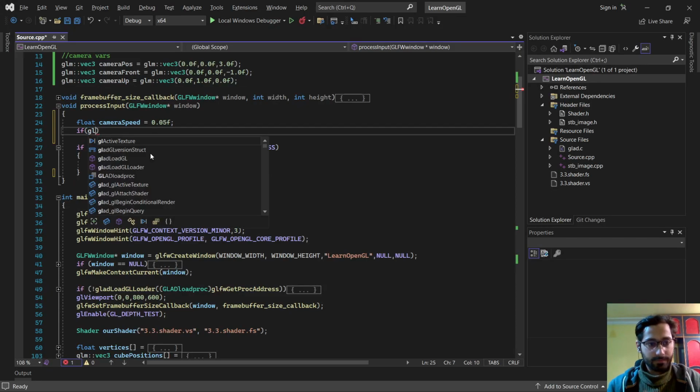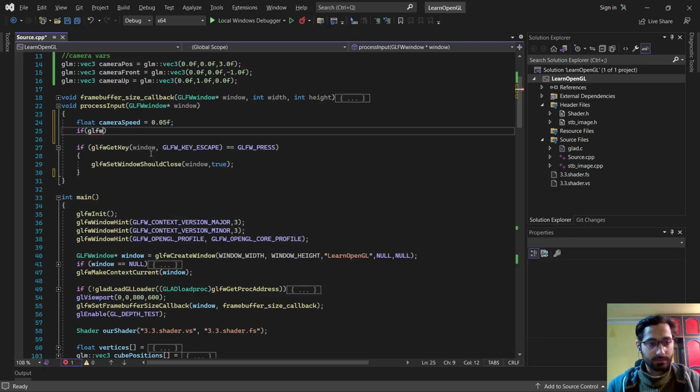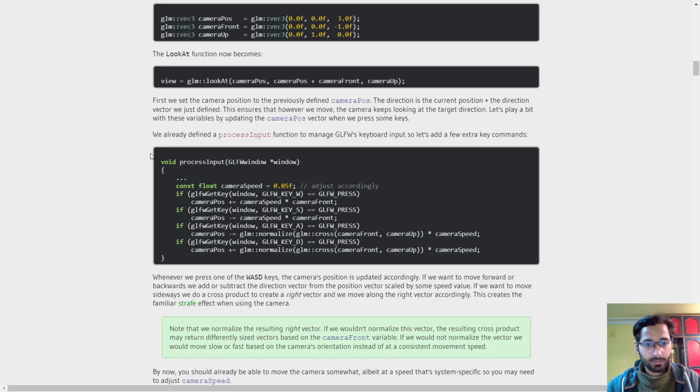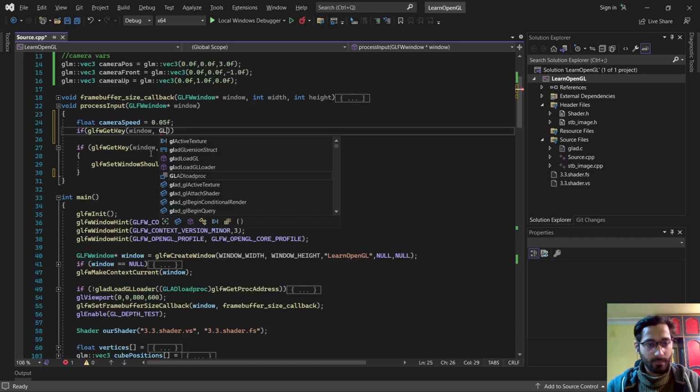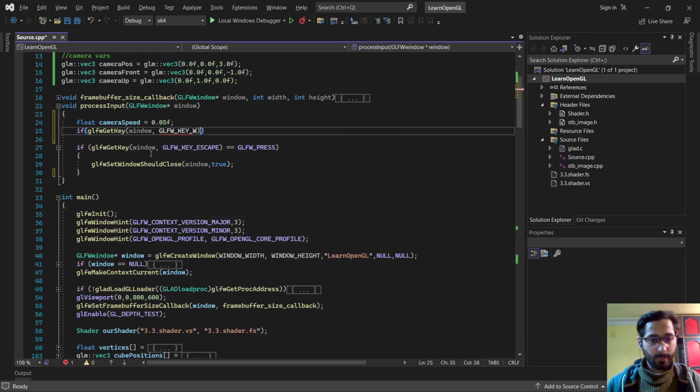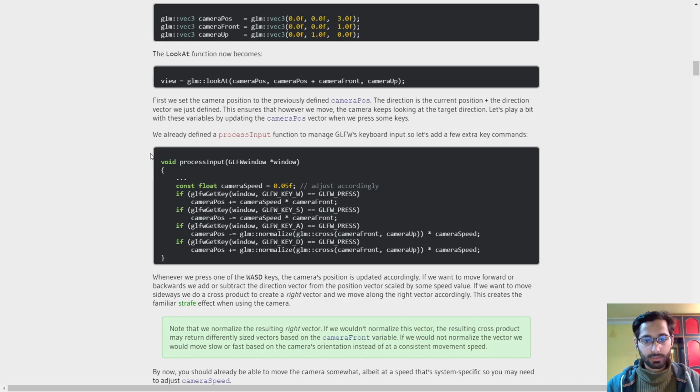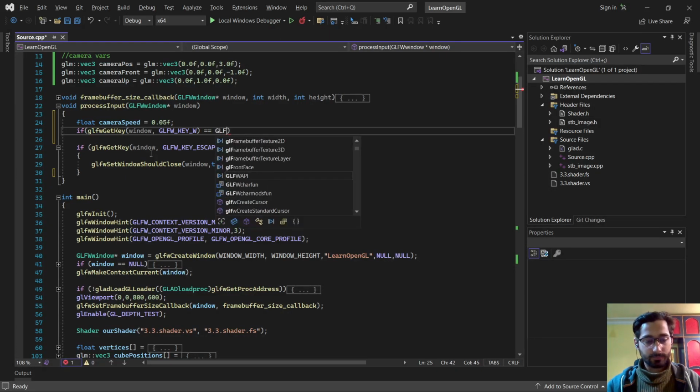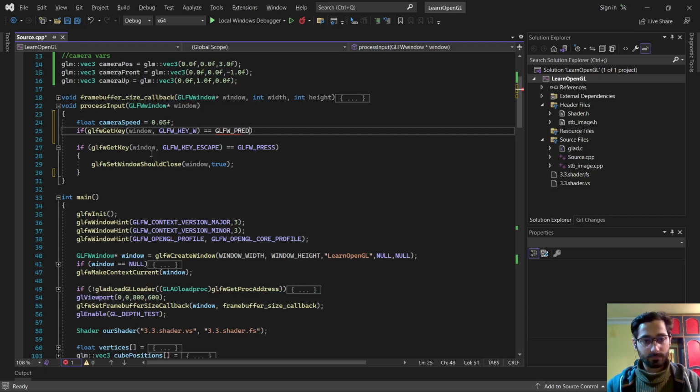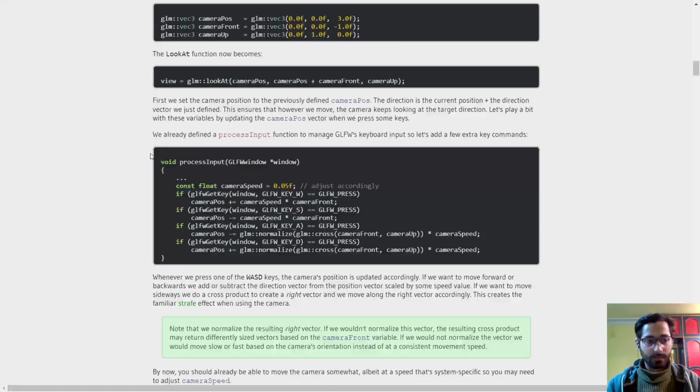So if glfwGetKey, and then the window is this window, and the key is GLFW_KEY_W, is equal to GLFW_PRESS, then camera position plus equals camera speed times camera front.